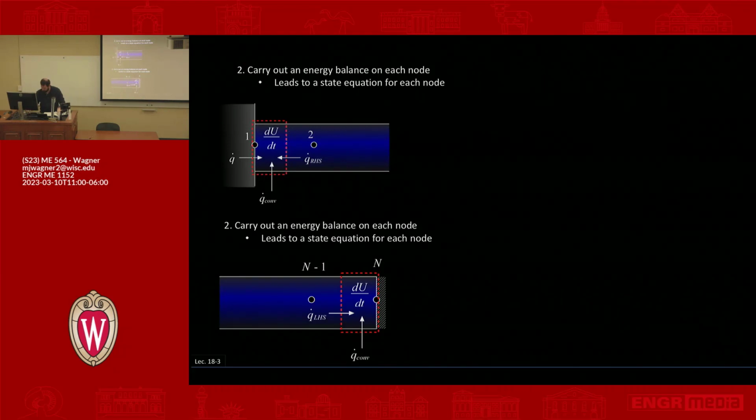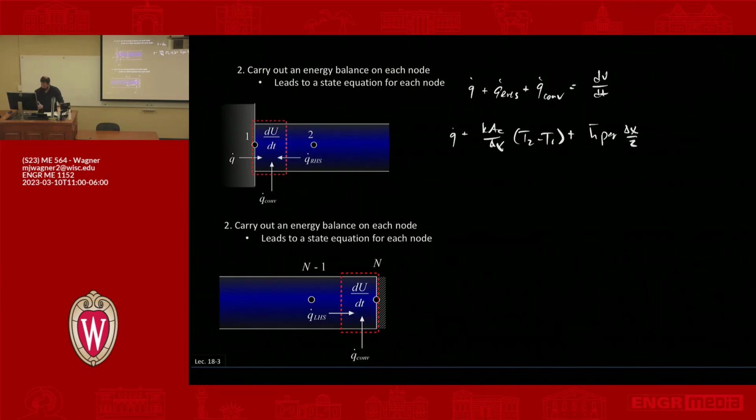So we can write this out. The top would be q dot. So q dot was specified, right? q dot plus q dot right-hand side plus q dot convection is equal to dU/dt. And then writing this out, it would be q dot plus k A_c over delta x, T_2 minus T_1, plus h bar perimeter times delta x over 2.